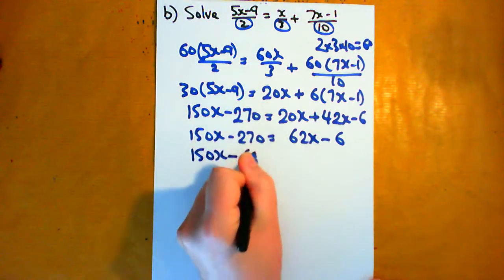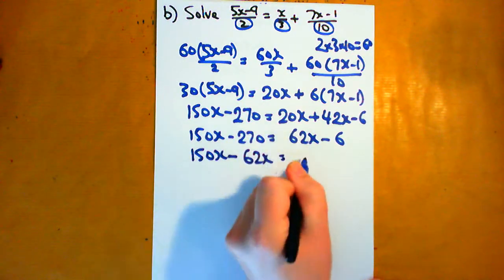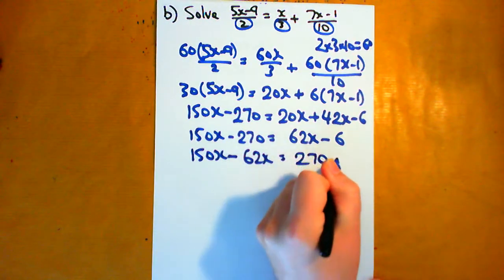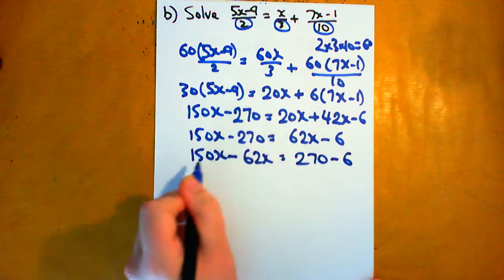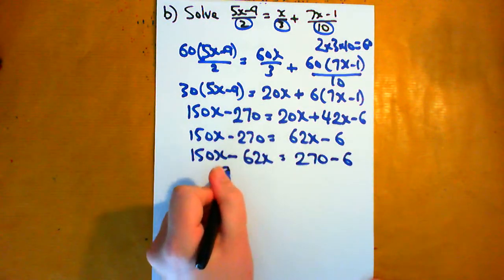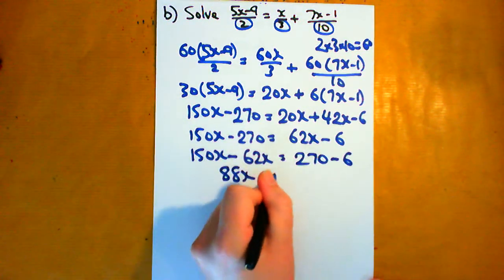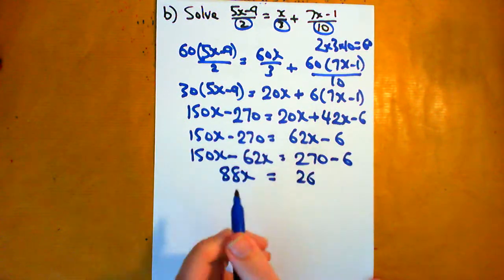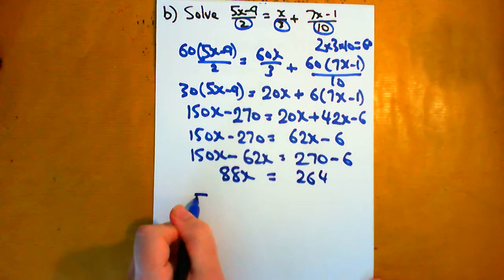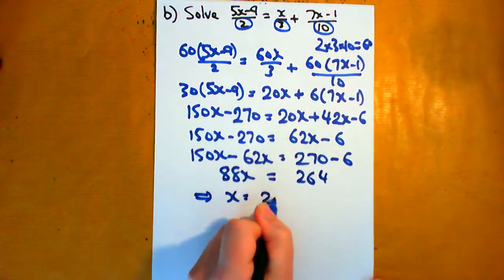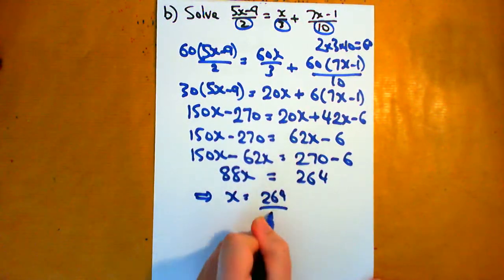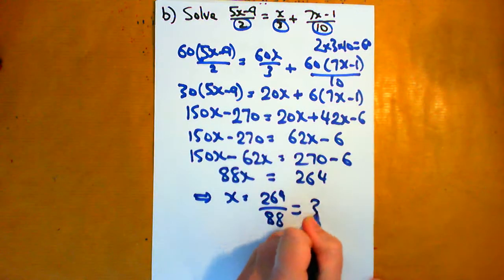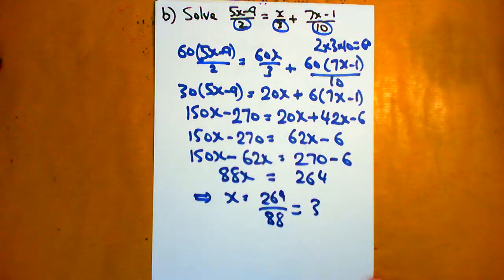We've got 150x minus 62x equals 270 minus 6. So 150 minus 62 is 88x equals 270 minus 6 is 264. So therefore x is 264 divided by 88, which turns out to be 3.